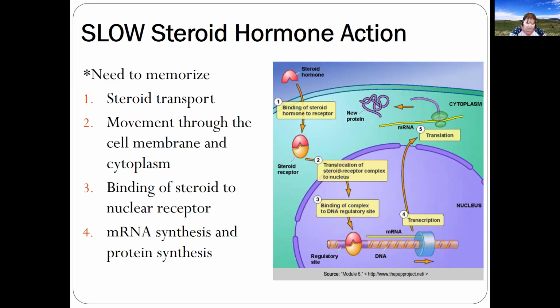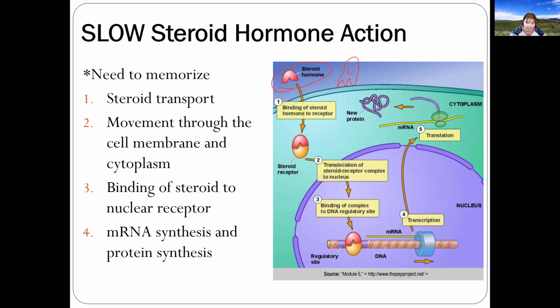So the steroid is first going to have to come into the cell from the blood system. Okay, and just like a ghost, right? That's my ghost. It can move across that cell membrane into the cytoplasm.